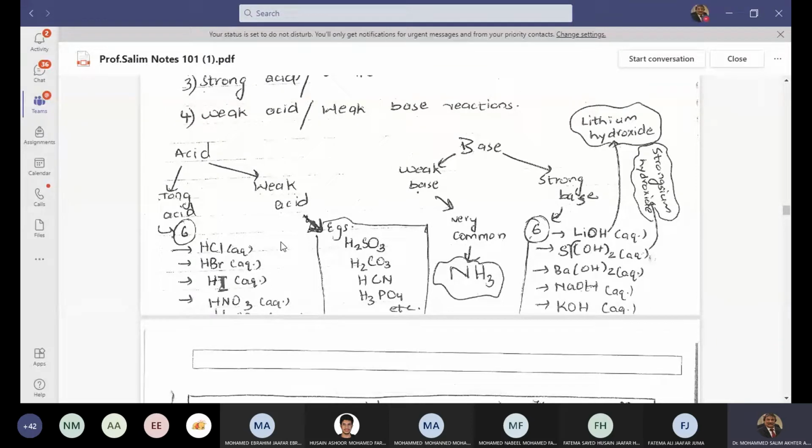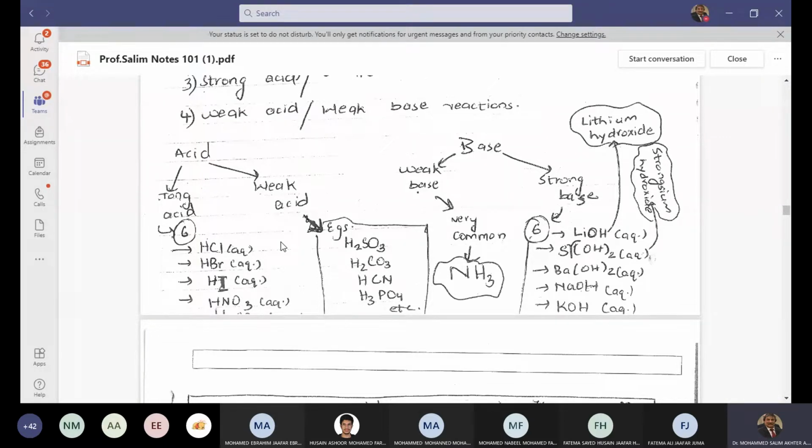H2SO4, which is sulfuric acid, and HClO4, which is perchloric acid. These are 6 strong acids.